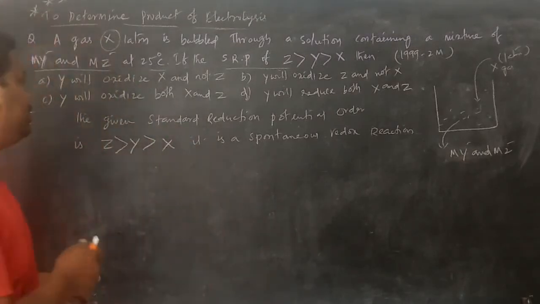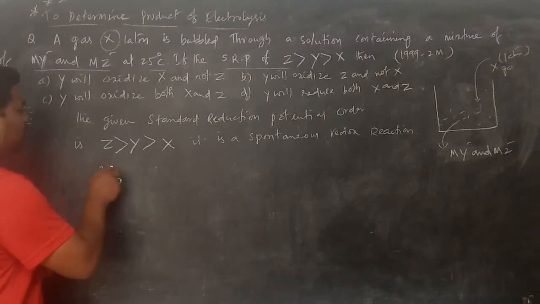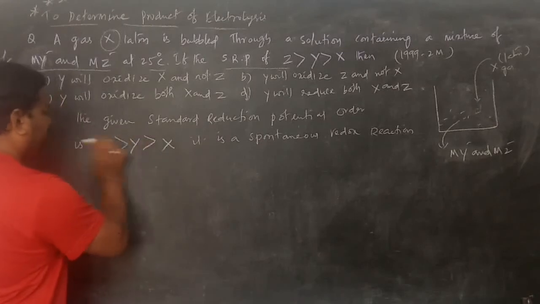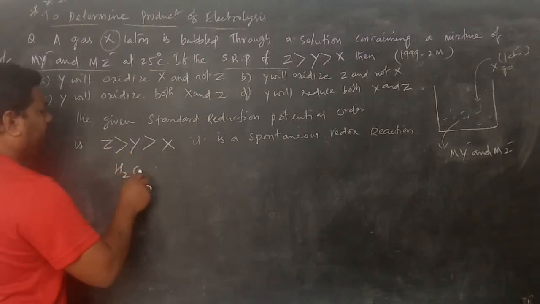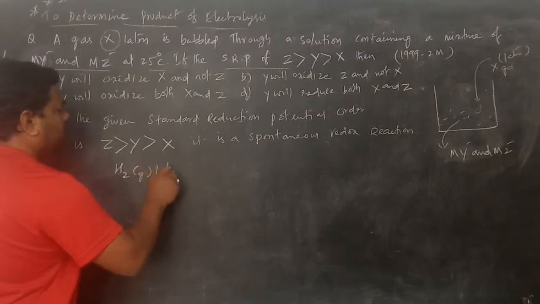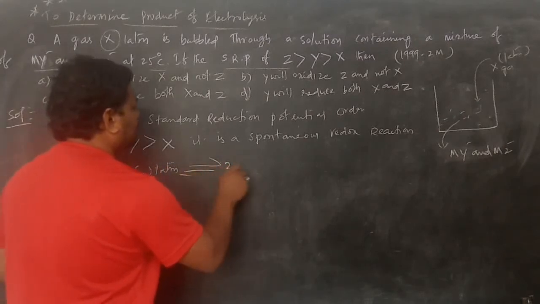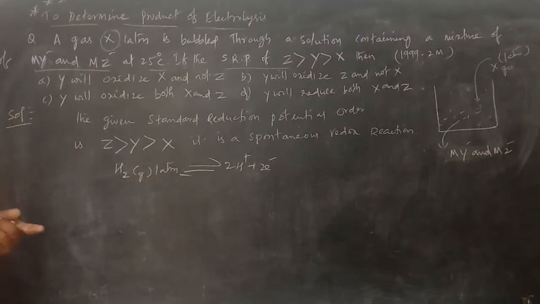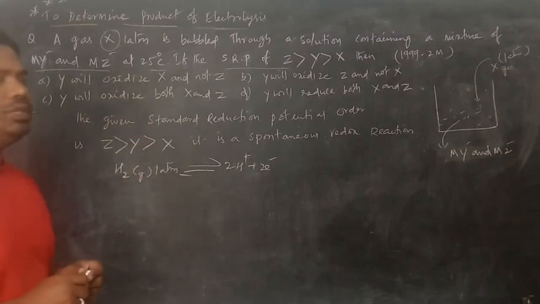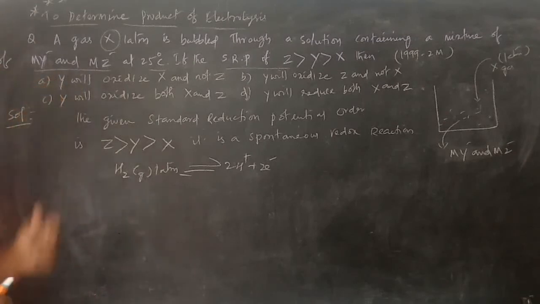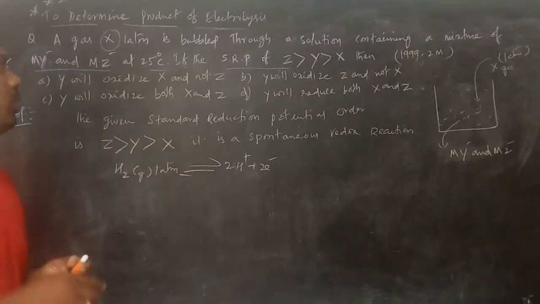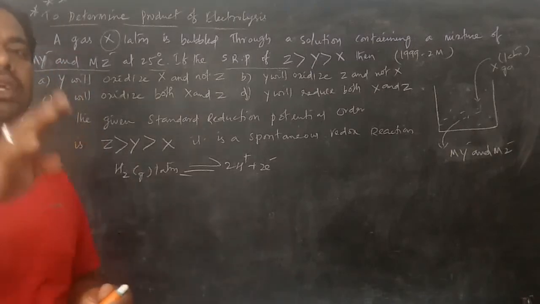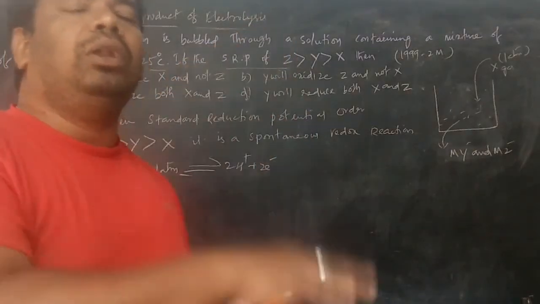Hydrogen gas is bubbled means 2H plus plus 2 electrons gives hydrogen gas at 1 atmosphere pressure. The remaining mixture of solutions are present below the hydrogen scale.